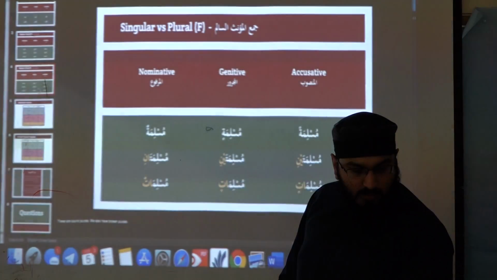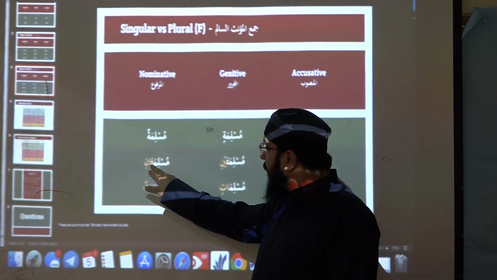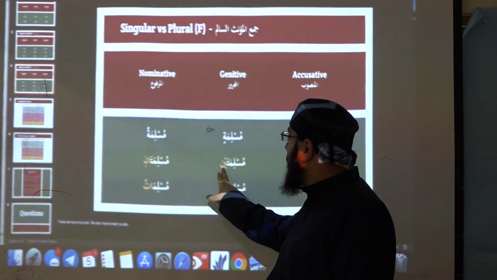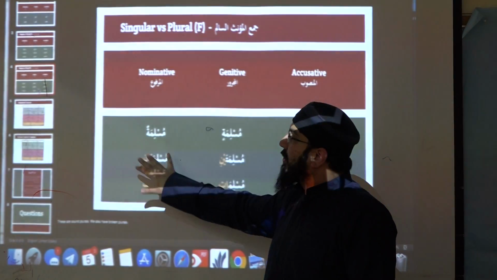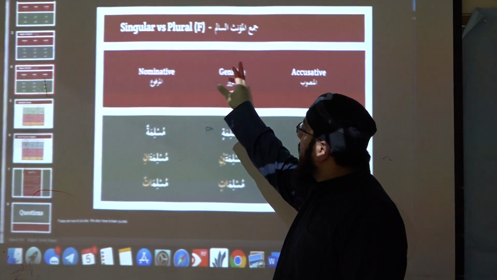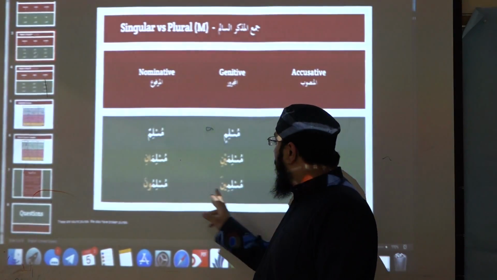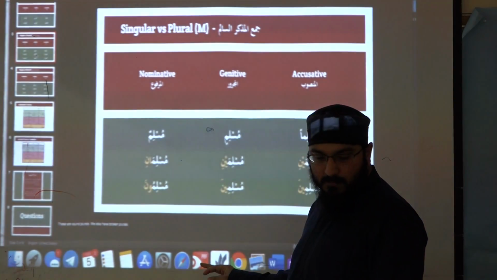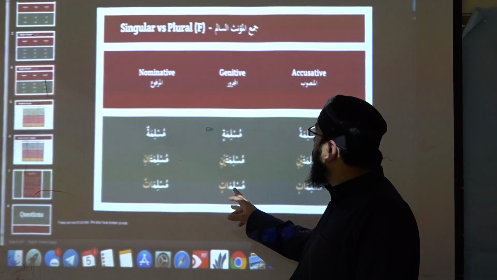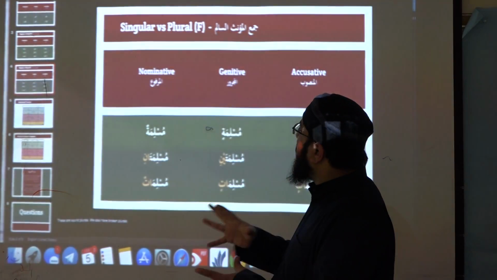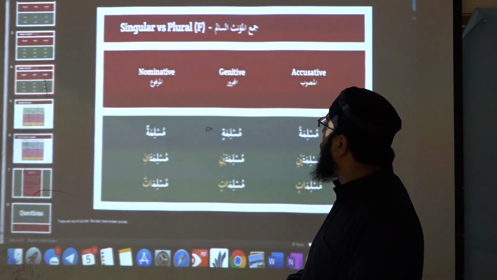For feminine too, there's a ta marbuta at the end that gets converted to a full ta, and then it's ani or ayni. So there's a pattern there automatically. The duals always look like this, whether it's male or female. For the male chart, it's una or ina, and for the female chart, it's atun and atin. So there's a pattern to it, but sometimes you just gotta memorize it.